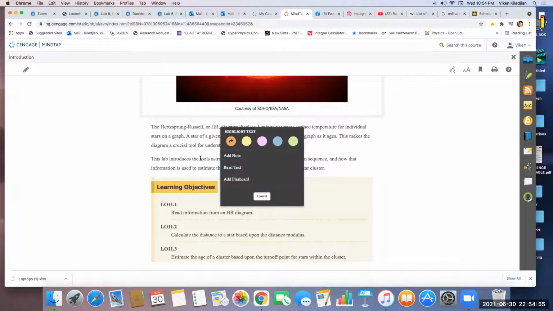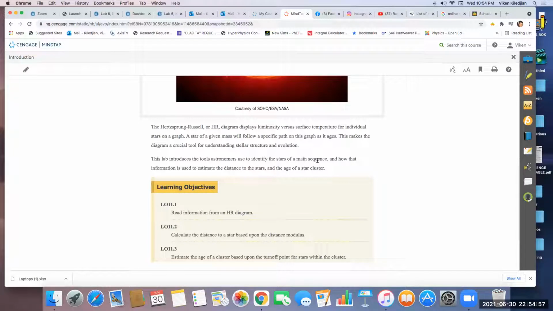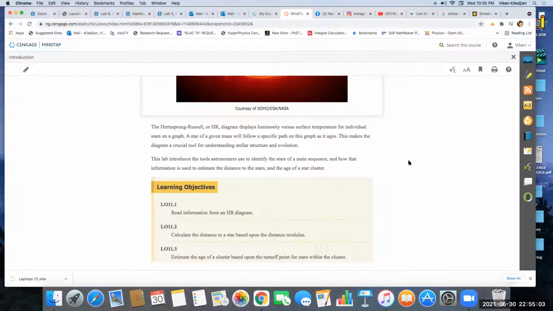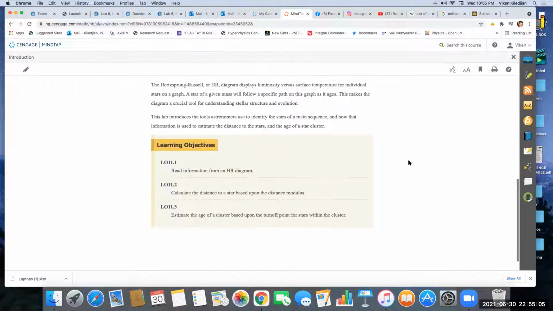This lab introduces the tools astronomers use to identify stars of the main sequence and how that information is used to estimate the distance to the stars and the age of a star cluster. So we want to be able to read information from an HR diagram, calculate the distance to a star based upon the distance modulus, and estimate the age of a cluster based upon the turn-off point for stars. Those are the goals.